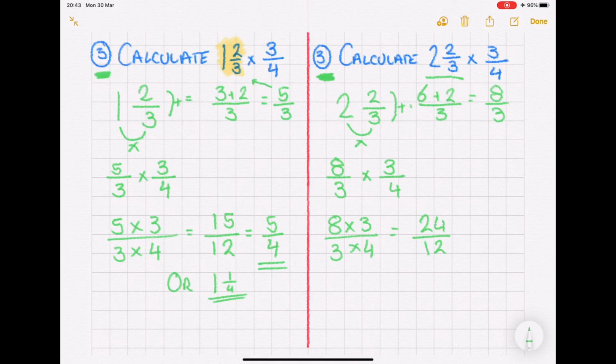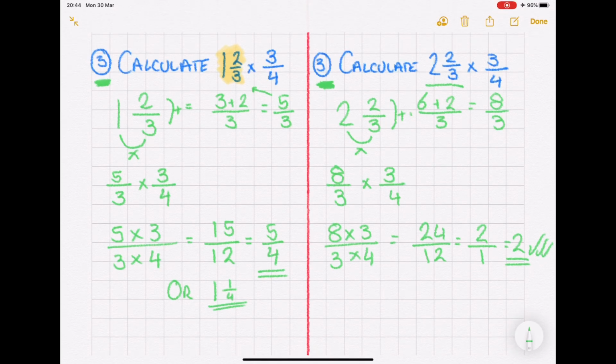Now we can simplify that by dividing both of them by 12. And if we divide both of them by 12, we will get 2 over 1. Well, 2 over 1 is the same as 2. Anything over 1 is just the top number. So our final answer there is 2. If you got that, give yourself some big ticks.